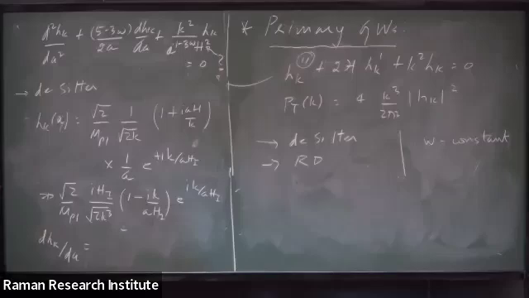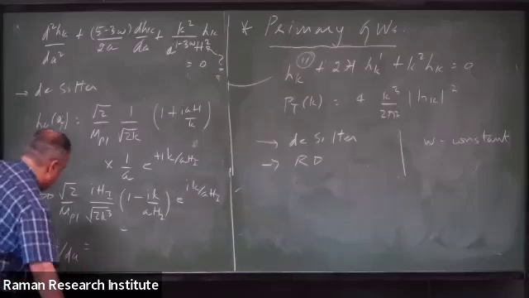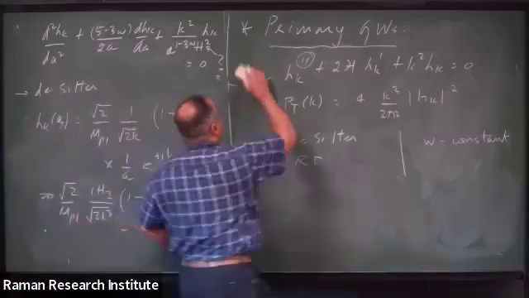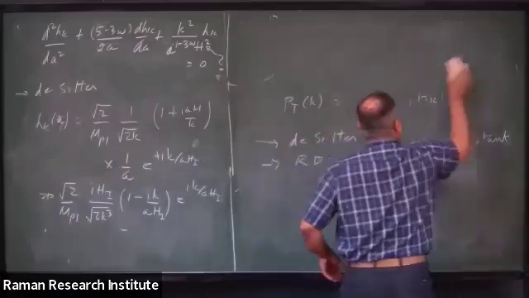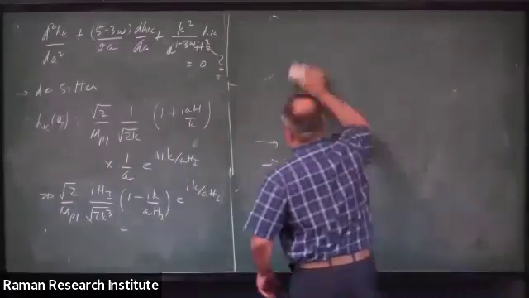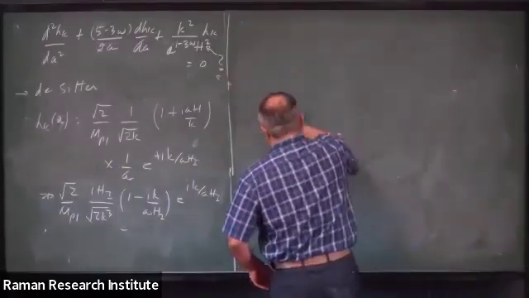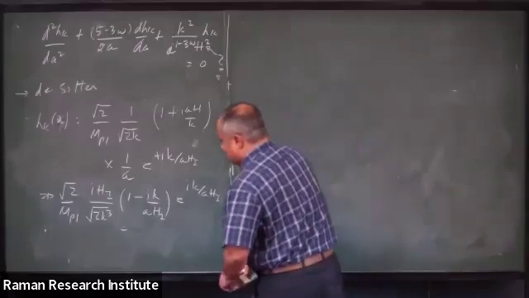You can evidently calculate h_k and dh_k by da, and we will need it at the end of inflation. If you calculate at the end of inflation, maybe I should write it on the next board. There are a couple of remarks I need to make. I will come to them.